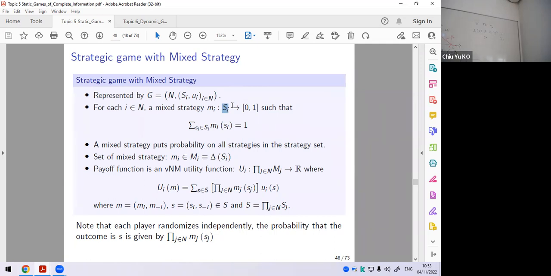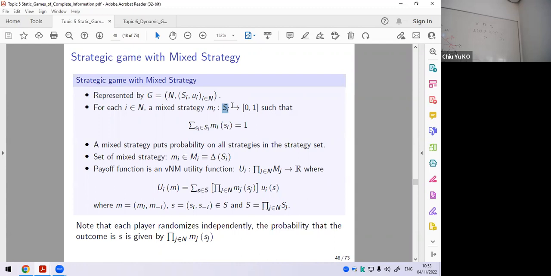So before, what's the strategy? In this case, I have the strategy set for player 1 equal to head and tail, right? The strategy is just S1 is either head, or S1 is tail, either this or that.